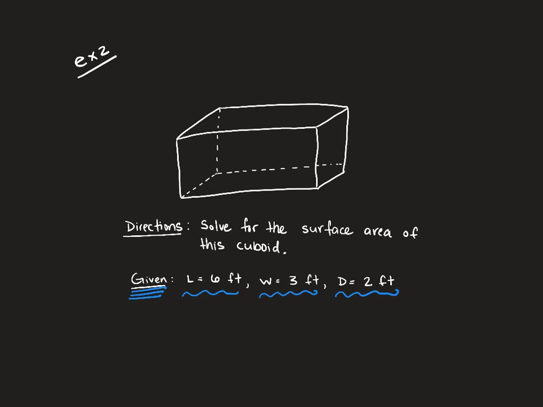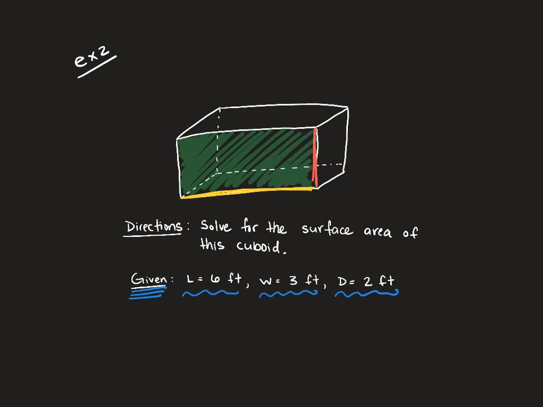And I'll give you a hint. If the length, which is this part here, is equal to 6 feet, and the width, which is this part here, is equal to 3 feet, you're going to do 6 times 3 to get the area of this face, the front face of this shape.